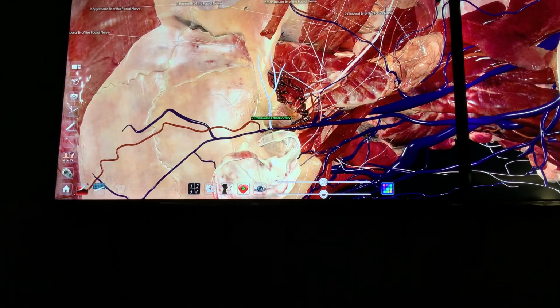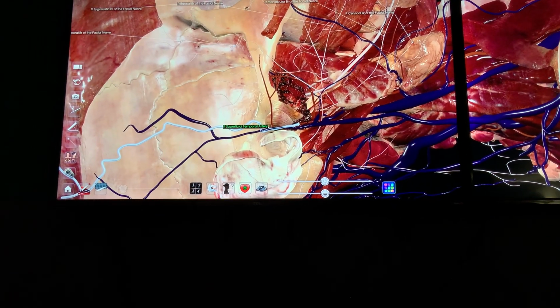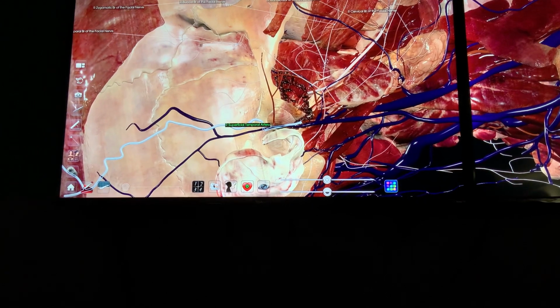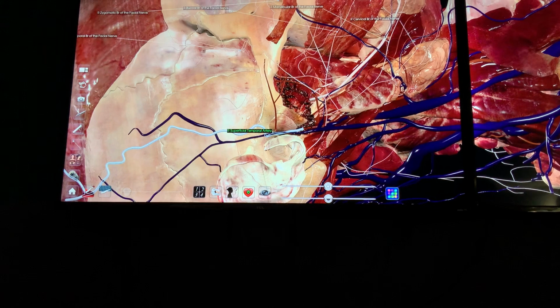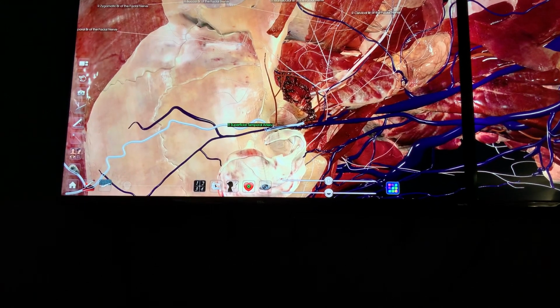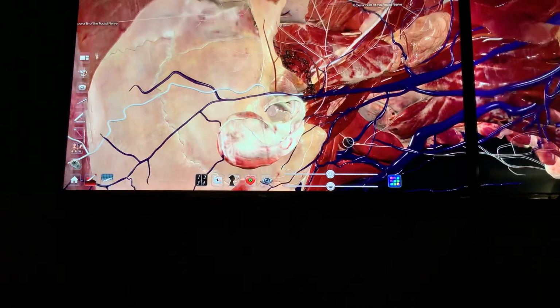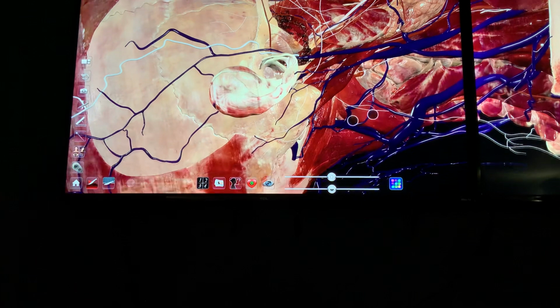As this continues moving superior, we're going to see the superficial temporal artery, which is sort of the termination of the external carotid. There's two more branches that come off of it that move posterior. One we're not going to see. One we will see.